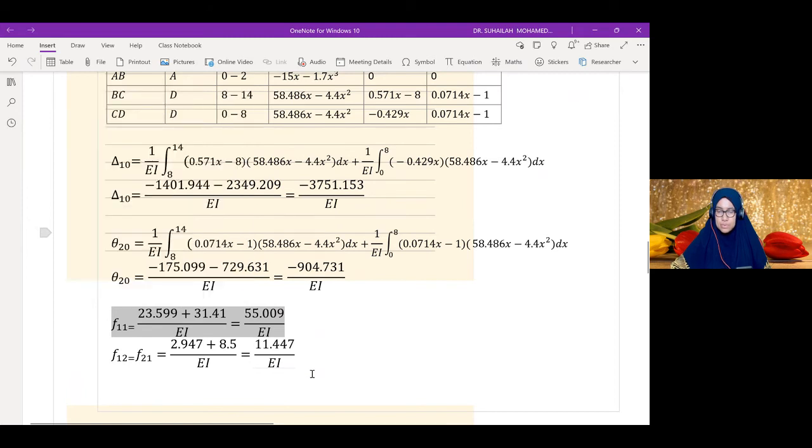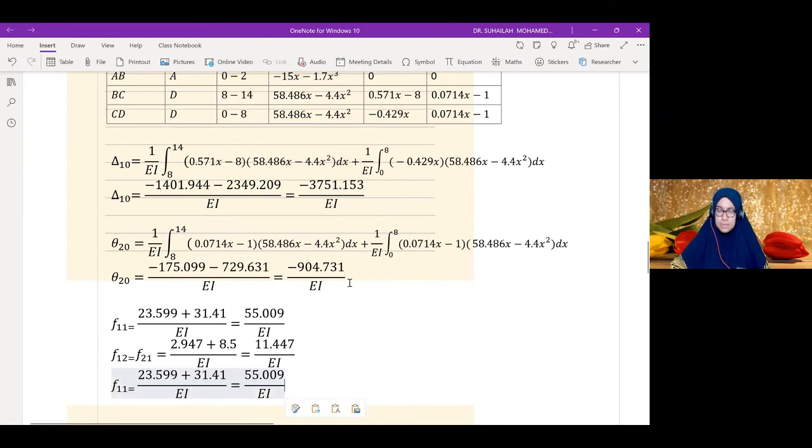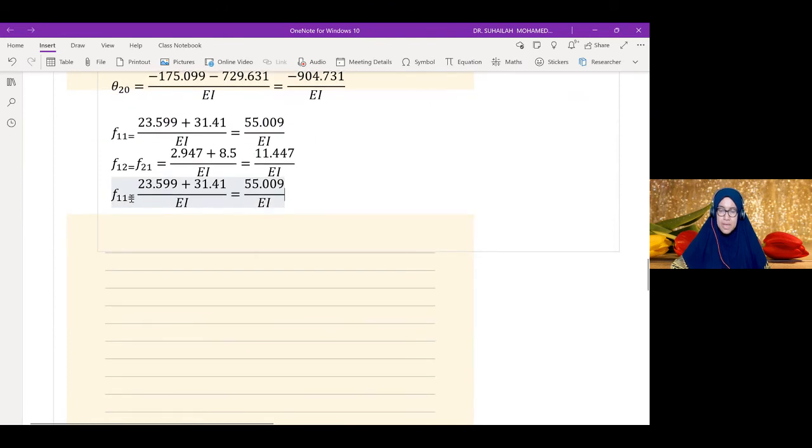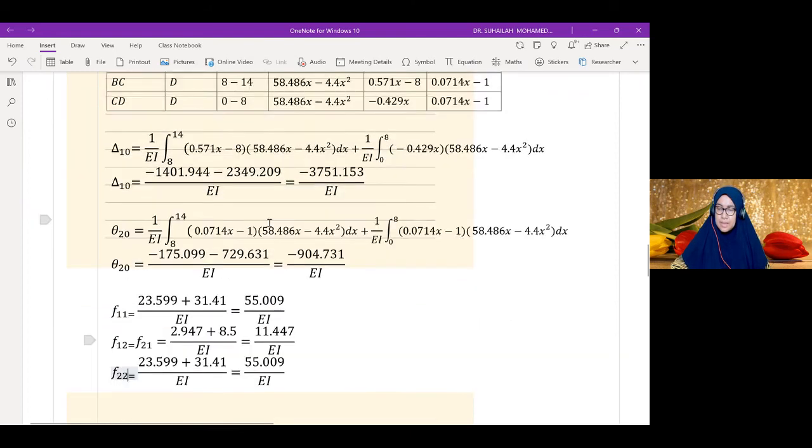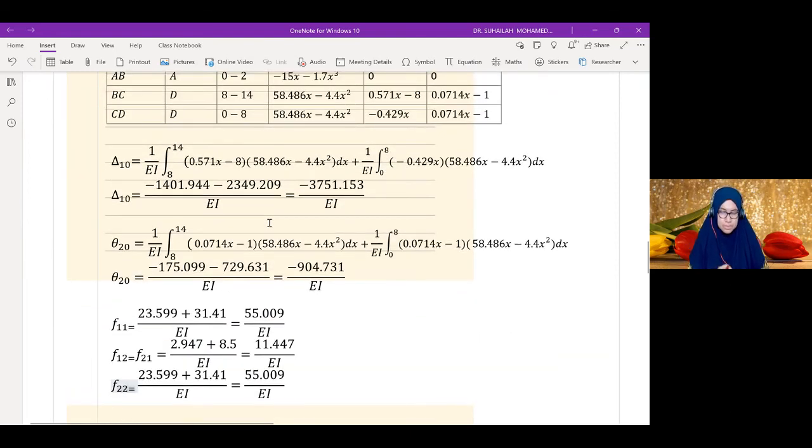So last one is F22. F22 equals to 0.0714 x minus 1 square from 8 to 14, it is 0.368.